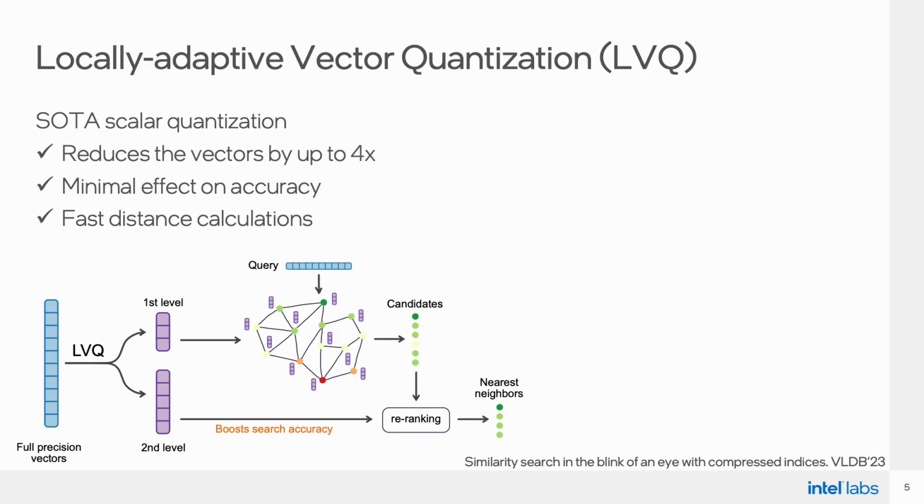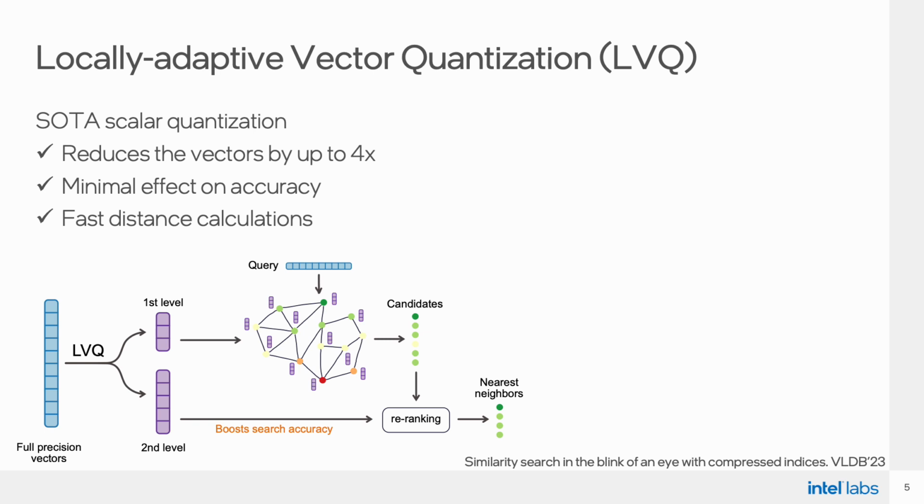To try to alleviate these problems, locally adaptive vector quantization, LVQ, was recently introduced. This is a scalar quantization method that sets the state of the art and reduces the vector size by up to 4x while having a minimal effect on search accuracy and allowing very fast distance computations.